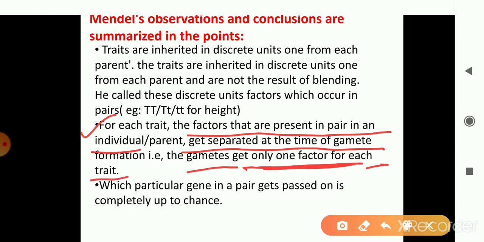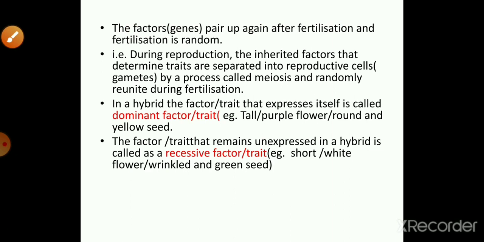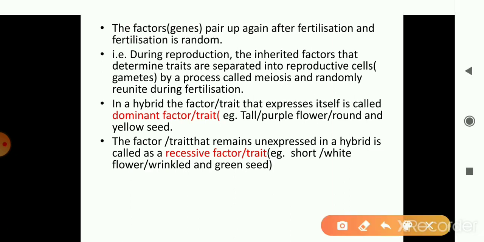Another thing he said was that these factors will pair up again, and this pairing will occur during fertilization. The factors pair up again during fertilization, and fertilization is random. That's why we have to go with all the possibilities: for any gamete produced by one parent, we have to work out the possible result if it fuses with any of the gametes produced by the other parent.